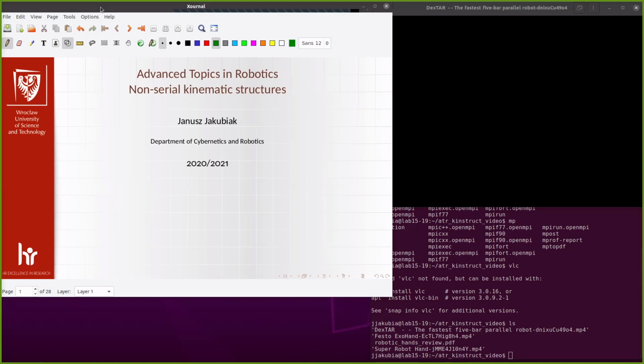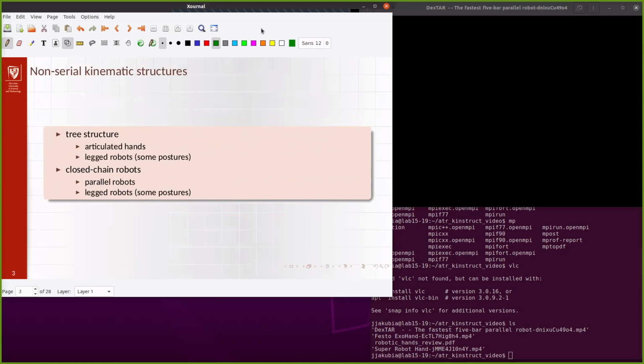You have probably already seen them, so it is more like putting some knowledge together in order, and maybe showing some aspects that may not be quite obvious, but it's worth knowing about. Okay, so what we are going to talk about today are the structures that are non-serial. I think you already saw them. We are talking about manipulators, so not the mobile robots this time.